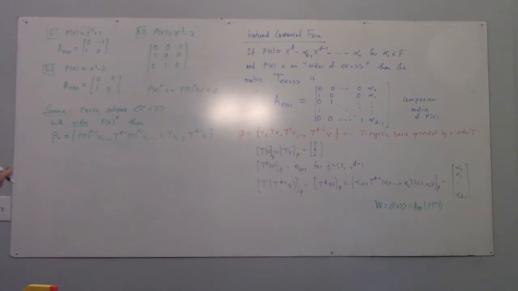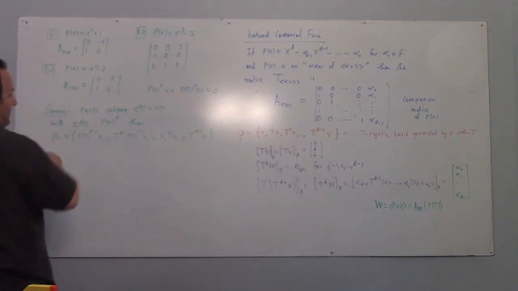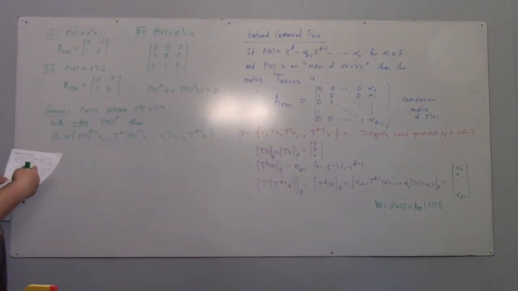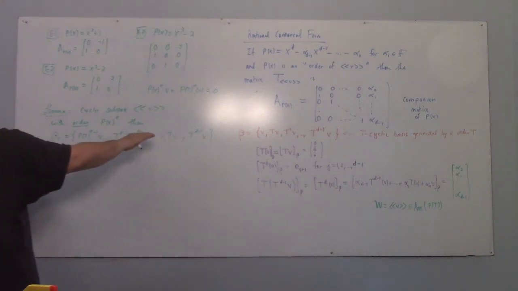So if in the field you're working over it's possible to write your polynomial as a prime polynomial repeated, like instead of having x squared plus 1, you might have (x squared plus 1) squared as the thing that kills the vector, then you can use this as your basis.